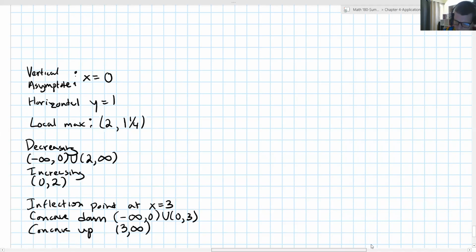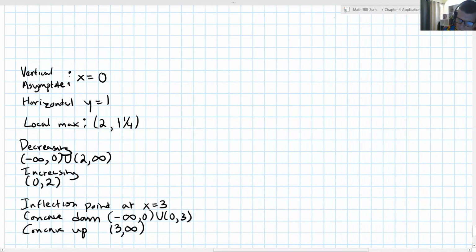So now I kind of graph my information, and we're going to do a lot more curve sketching tomorrow. Let me get my straight edge.